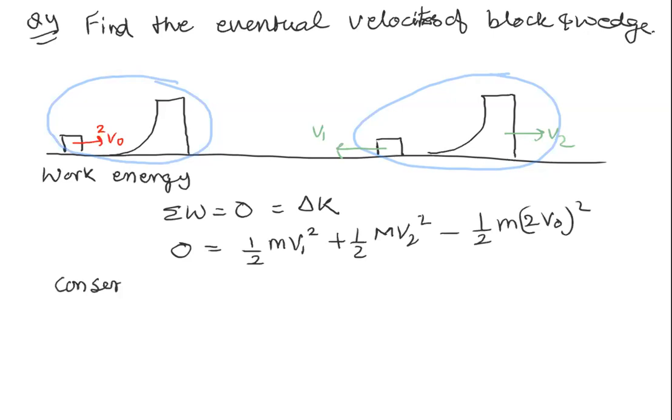and then conservation of momentum. Initial momentum is m into 2v0. Final momentum is minus m into v1 plus m into v2.